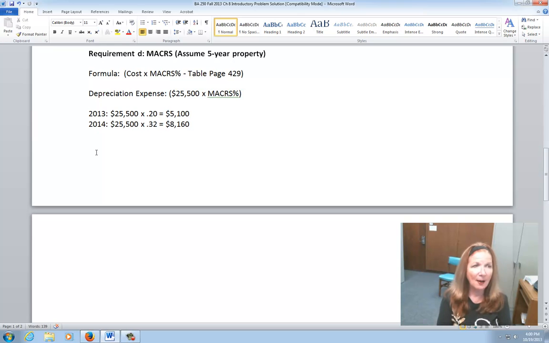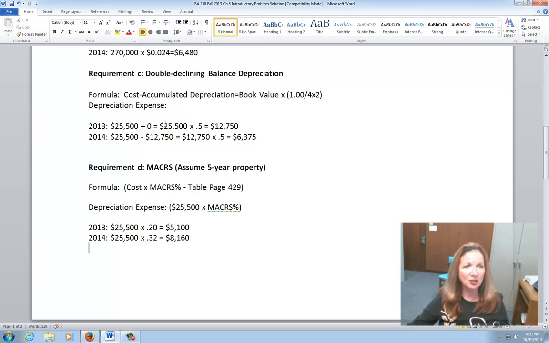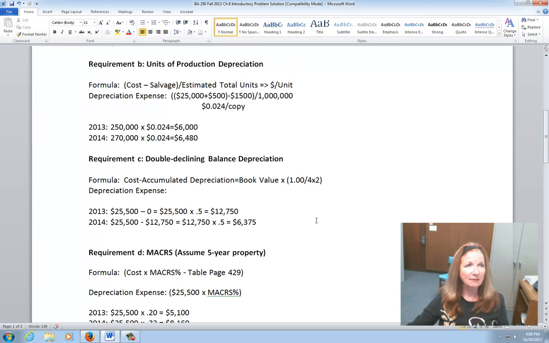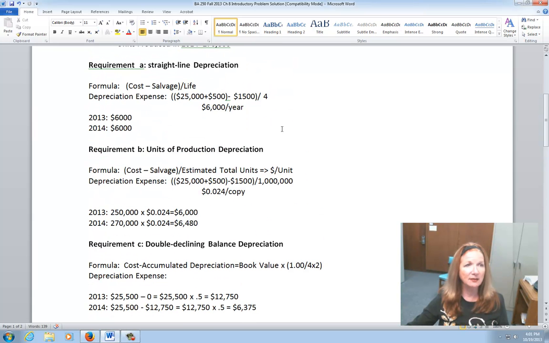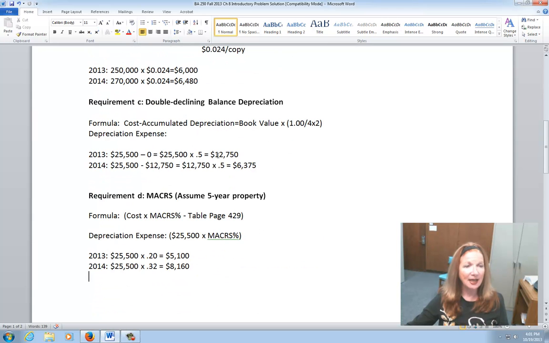With those amounts for the depreciation each year, our job here is just to show how to calculate them. But if we were to compare them, we could see that the double declining balance gave us $12,000, and Marx gave us half in the first year of depreciation, so it would have given us $5,100. You can see that the double declining balance is still the most aggressive depreciation method.